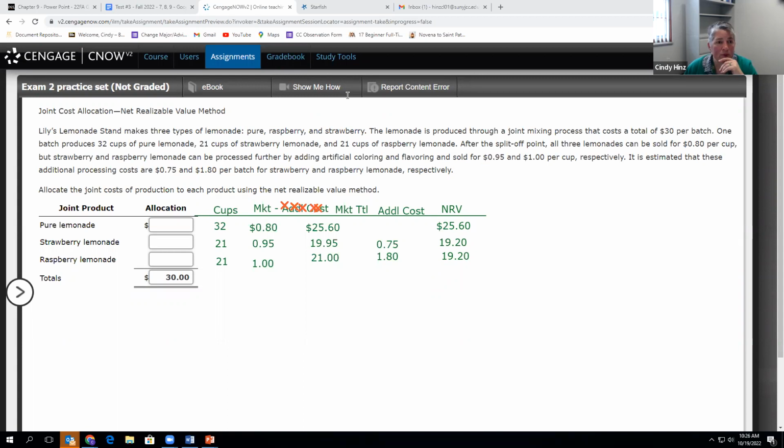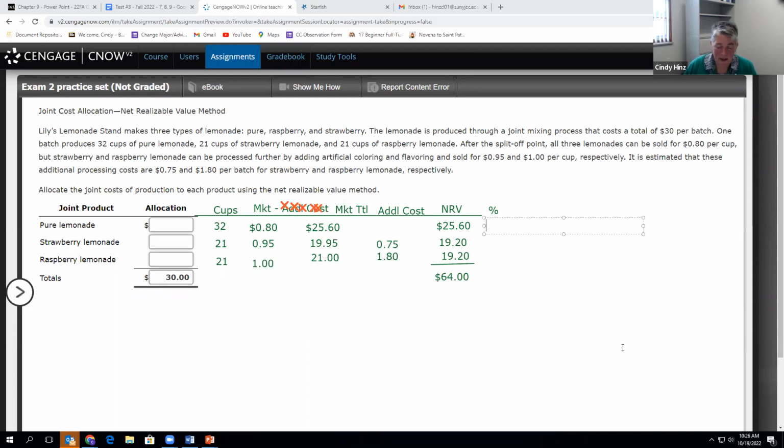Let's do our percentages. I'll do one more column here for the percents. So the percentage of the total value, we put in the total here. So the total realizable value is $64.